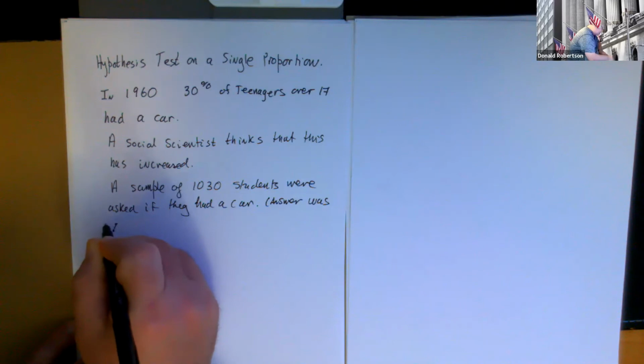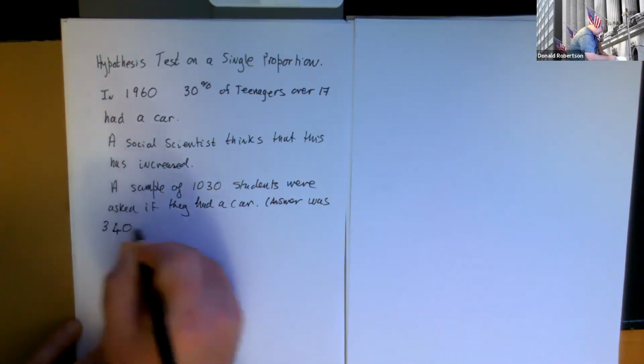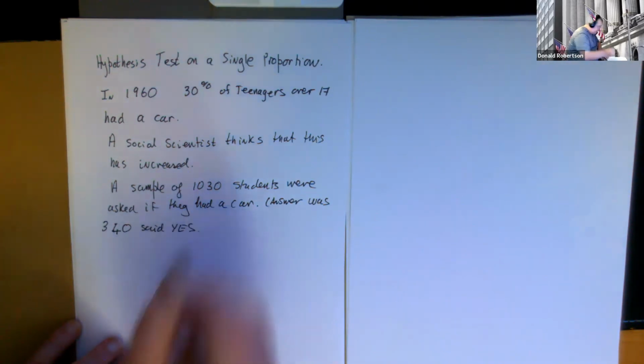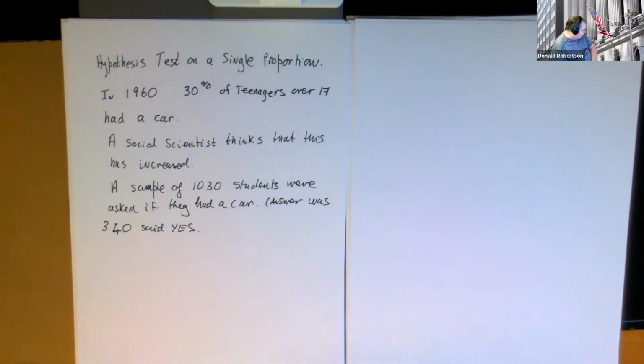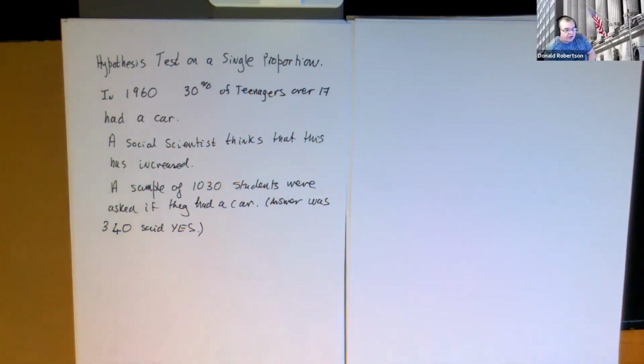And the answer was that 340 of them said yes. So that's our sample data. It's typically going to consist of two numbers. The number of people who said yes to whatever the question is, in this case 340, and the total number in the sample, which in this case is 1030.